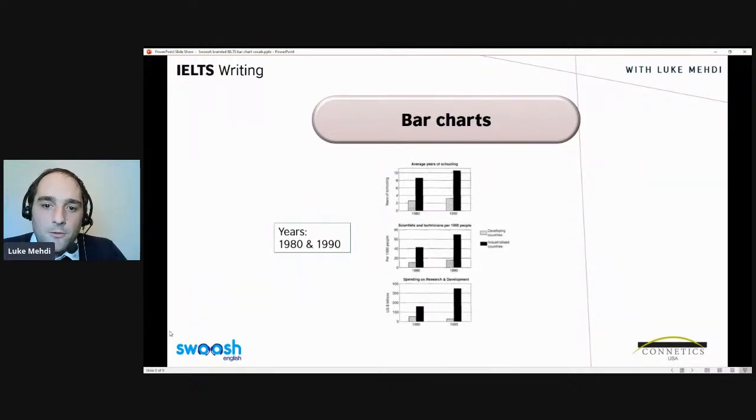What lots of people would say, for example, is spending on research and development in industrialized countries increased rapidly from 1980 to 1990, because they're drawing attention to the largest change. That is a really bad idea because we don't know what happened from 1981 to 1989. We don't have the information in between.